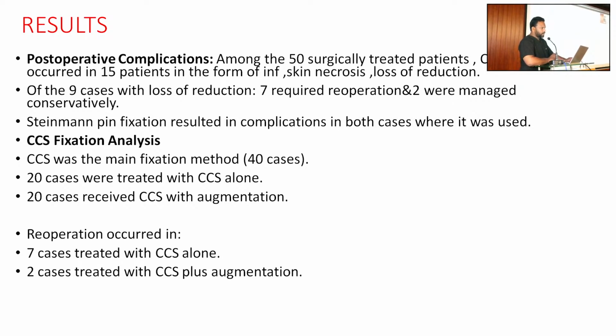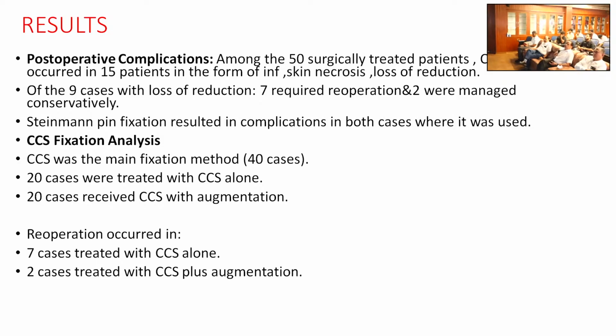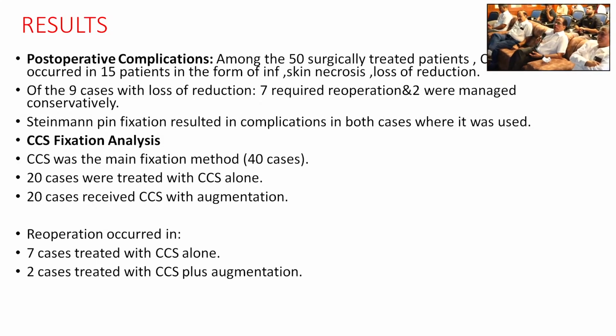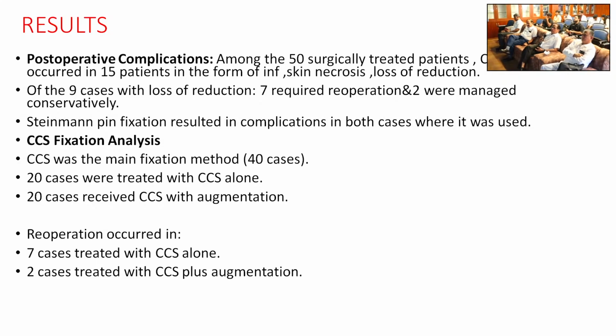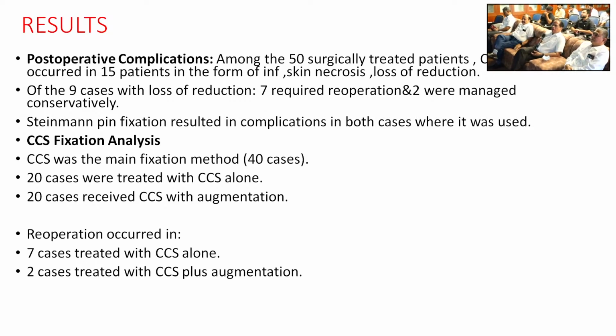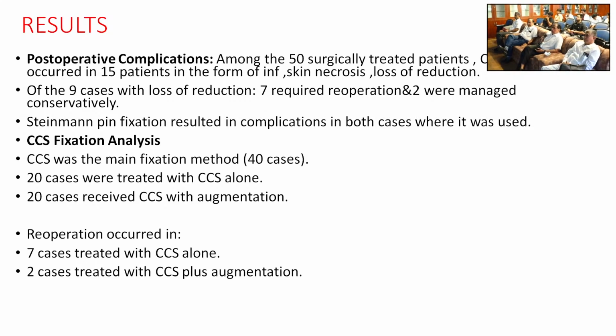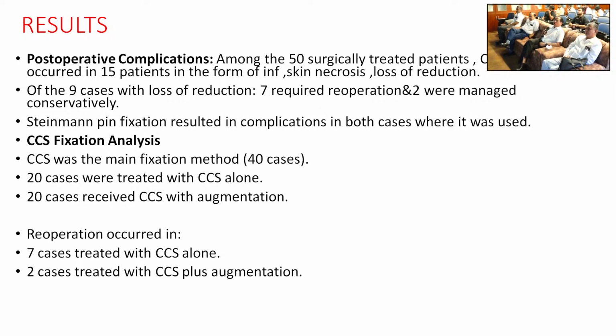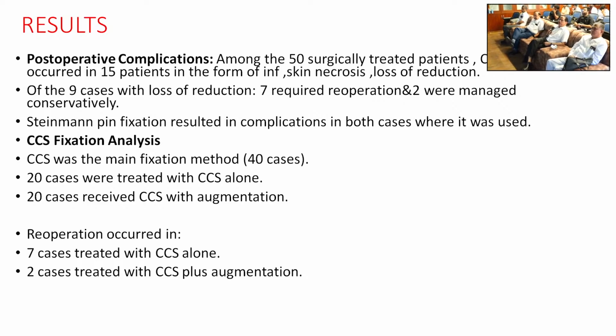So what do you think? What's the main complication of surgical repair of tendo Achilles? Avulsion or non-avulsion injuries? Avulsion. No, you don't listen to the question. Let me finish the question, then you understand. What is the main complication of surgical treatment of tendo Achilles rupture or avulsion?